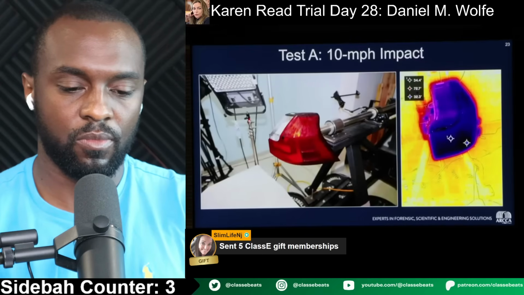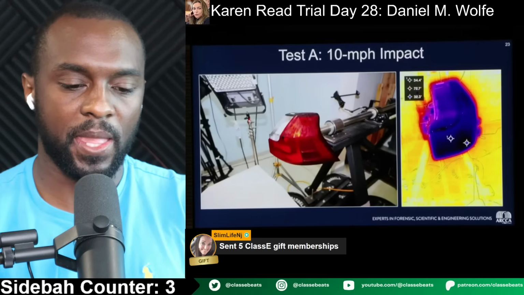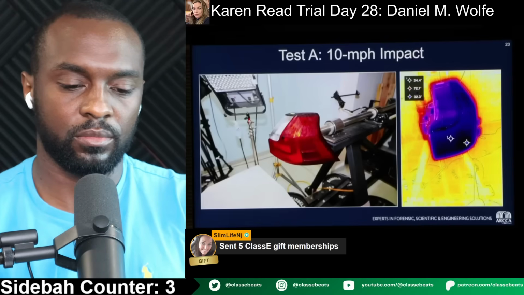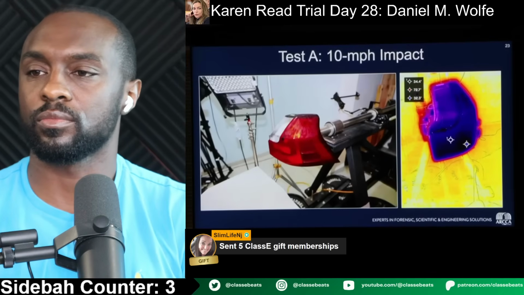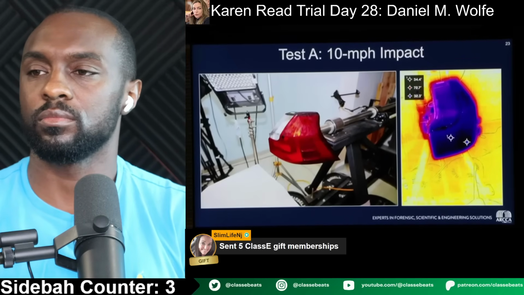What are we looking at in these photographs? So you're looking on the left at a photograph just before the impact test was conducted. On the right, you're looking at a thermal image that is depicting the temperature profile of the taillight. Describe that thermal image. Certainly. Your Honor, may I refer to my notes? Yes.